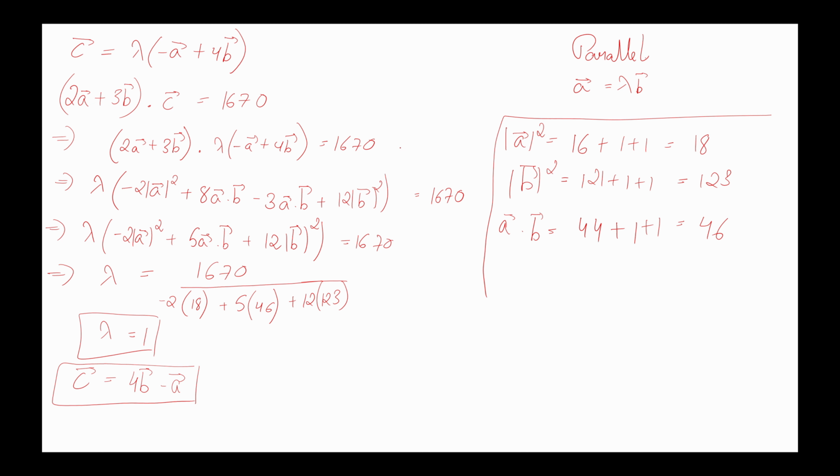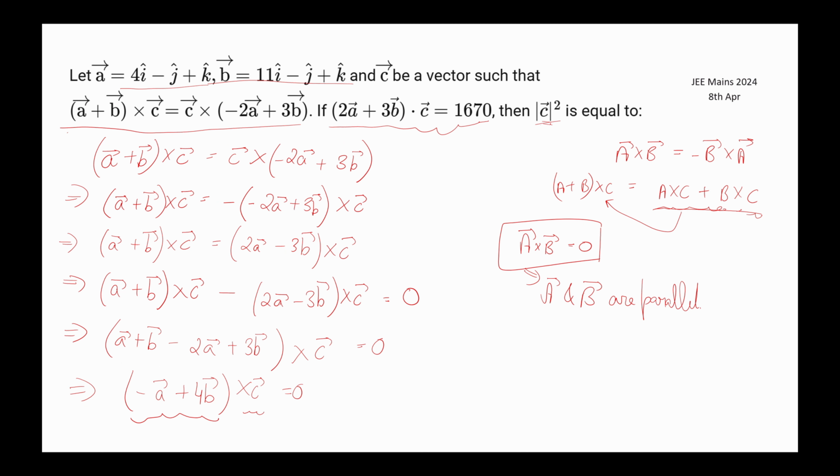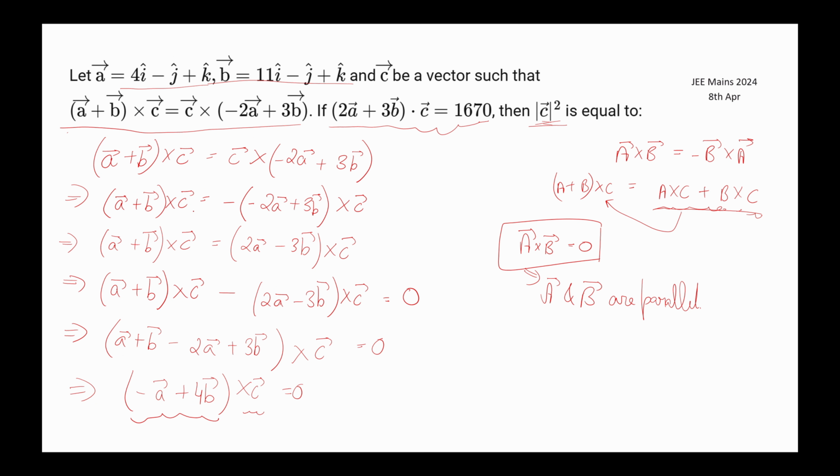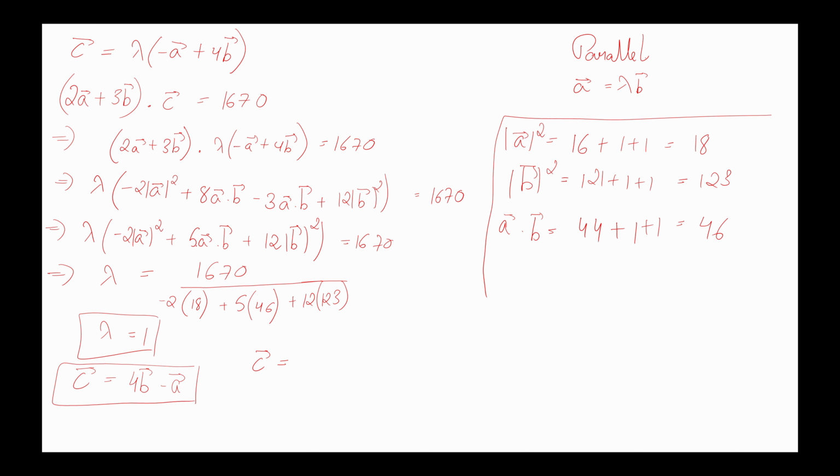Now what have they asked us in the question? They've asked us to find out modulus C vector whole square. So let us use the values of B vector and A vector that have been given to us in the question to find out the components of C vector. So what would be the components of C vector become? The components of C vector would become 4 times B, that means 44.